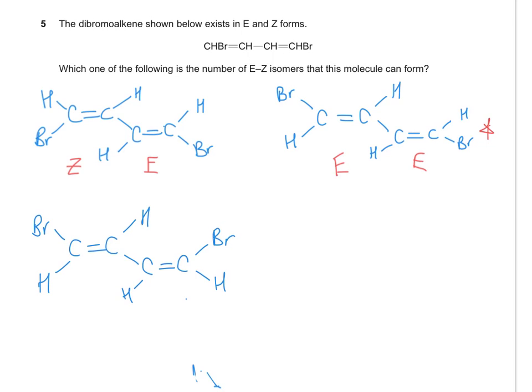Okay, so let's assign our priorities again. For carbon number 1, bromine has a higher priority than hydrogen, and carbon has a higher priority than hydrogen also.